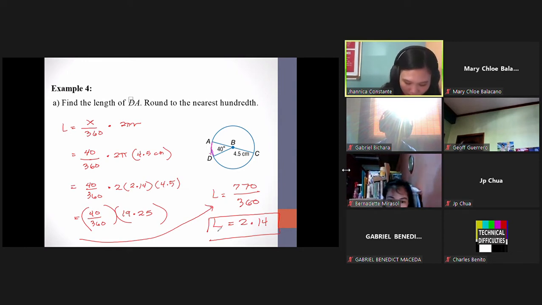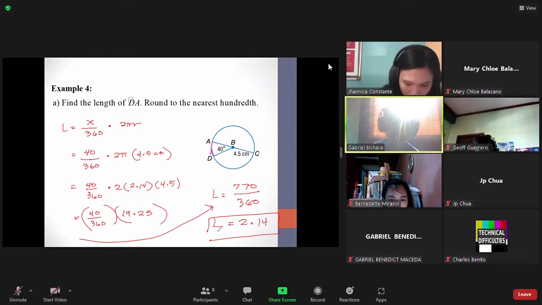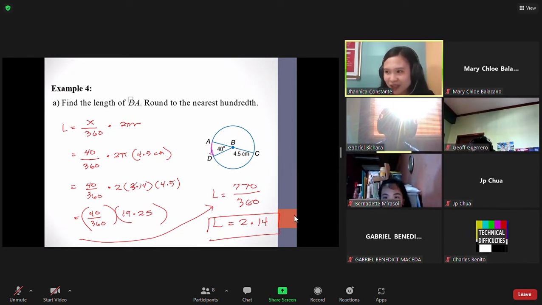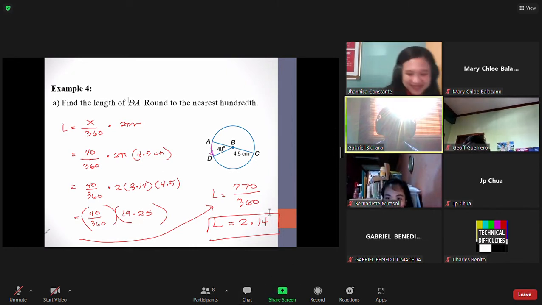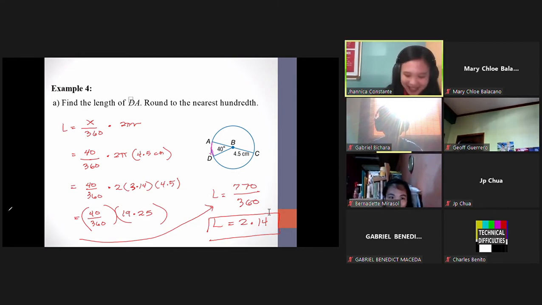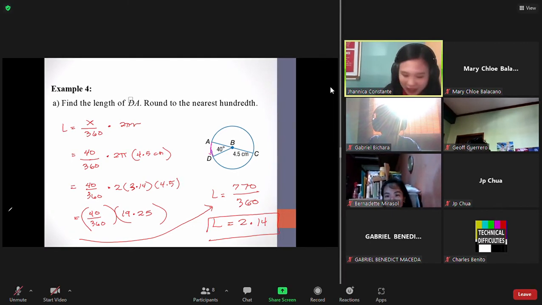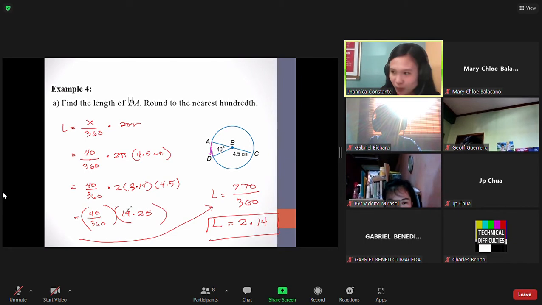Question in this example that we have? Yes, there is a question. It's 3.13 pala. Yeah. I thought yeah. 2 times 3.14 times 4.5, which is equal to 28.26.